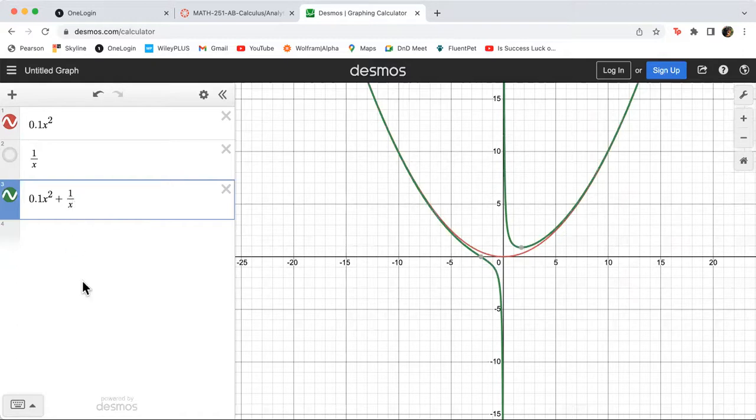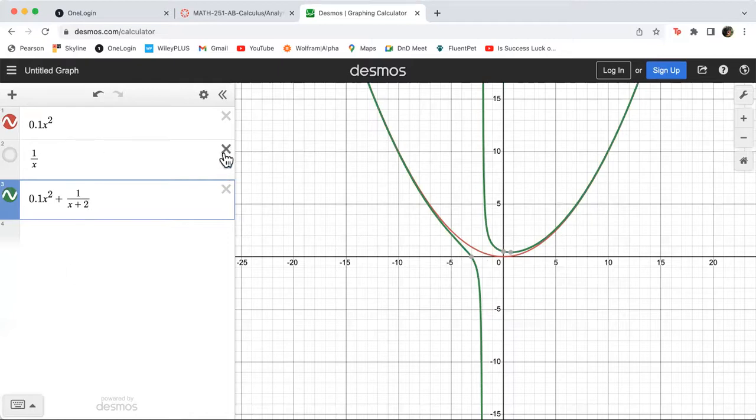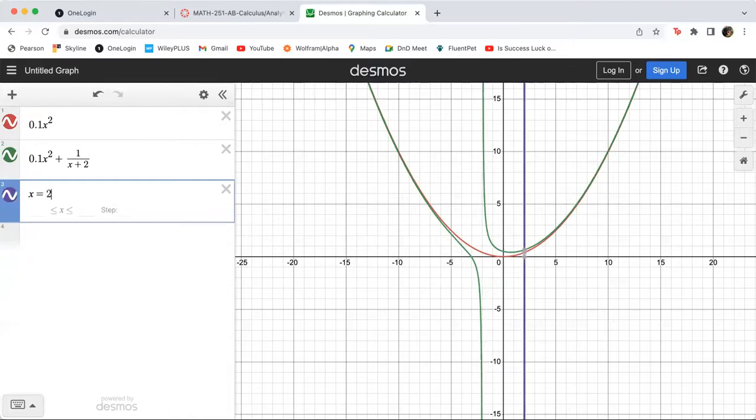So if I put 1 over x plus 2, notice that I'm still making a graph that tries to look like the parabola, but now we're going to have a vertical asymptote at x equals 2. Will that let me do it? No, sorry, negative 2.